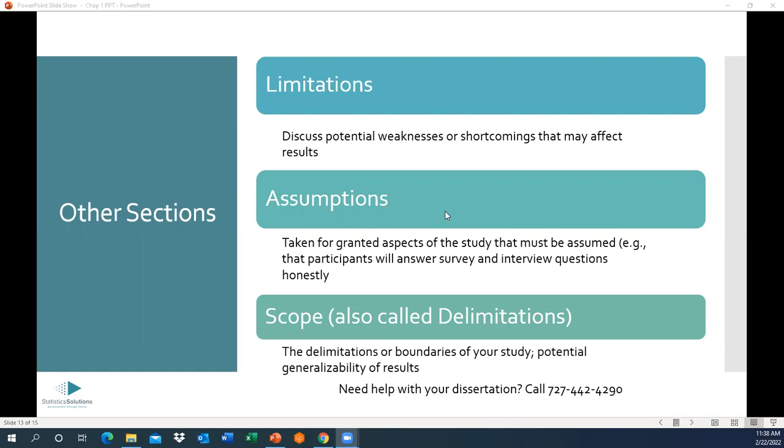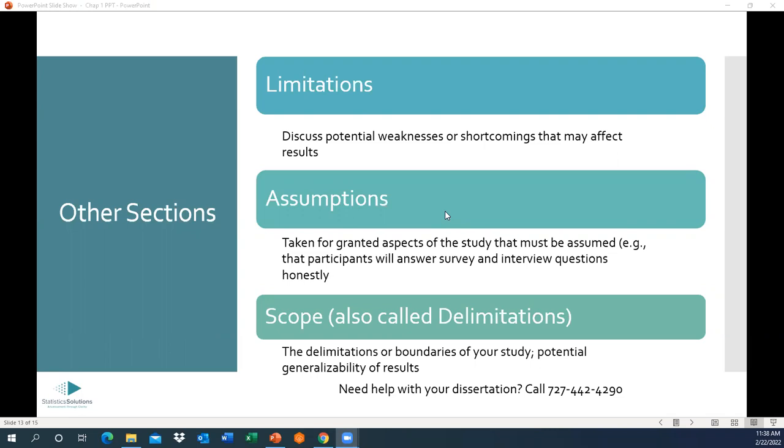So for the study to move forward, you just have to assume certain things. And one of the big ones is you have to assume that your participants are going to be honest and they're going to answer to the best of their ability, because you can't control what they say. You can't control them, which is as it should be. So you just have to assume that what you're going to get is honest responses.